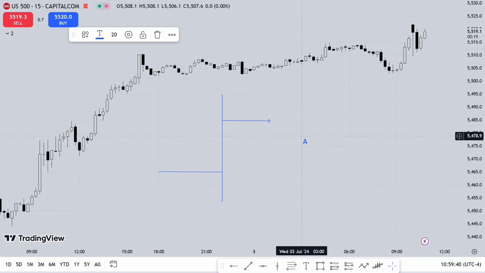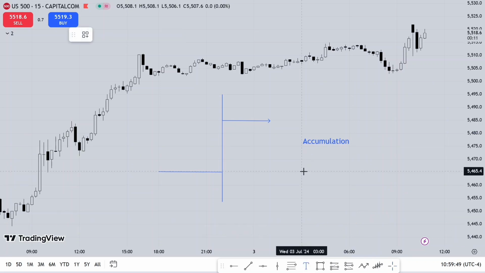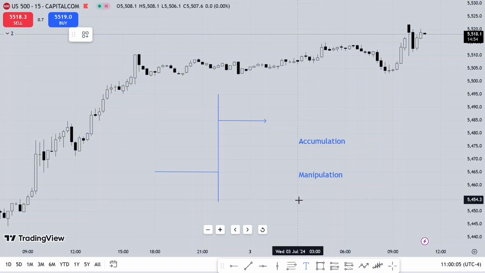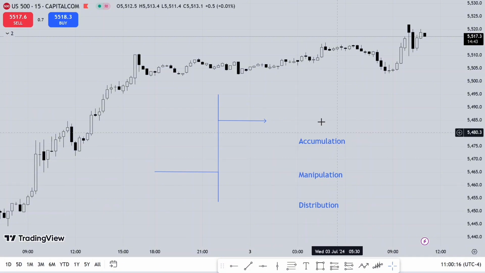You have the accumulation, then you have the manipulation, and finally you have the distribution. These are the three workings, these are the three phases of the power of three.